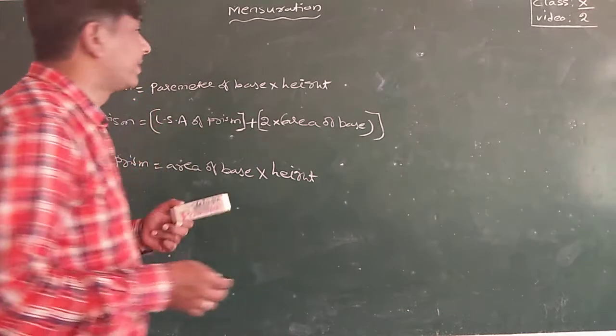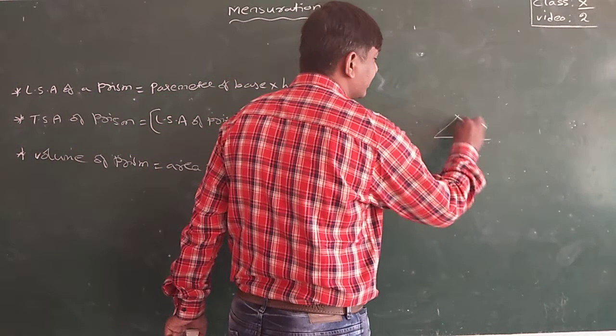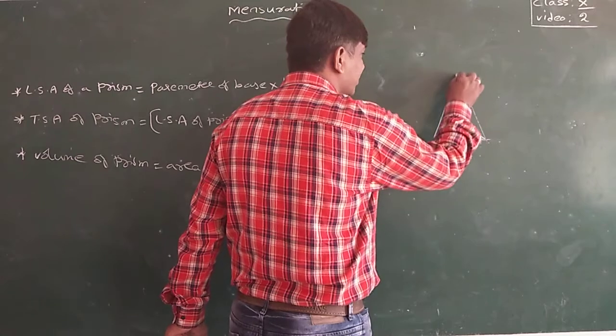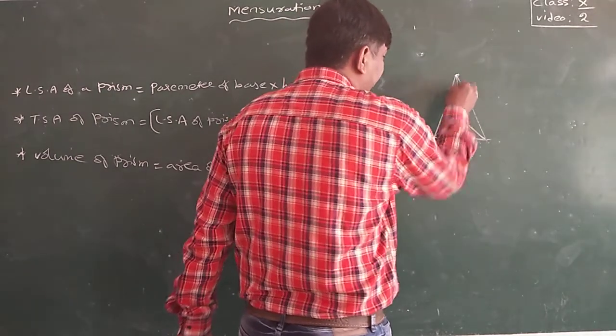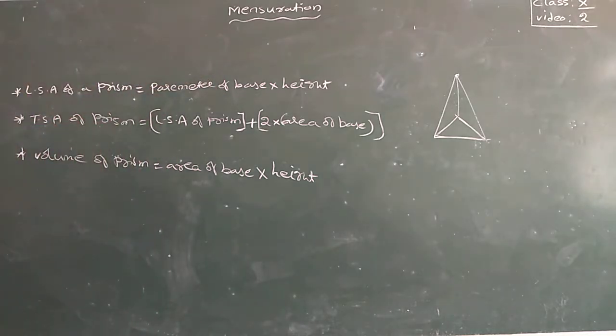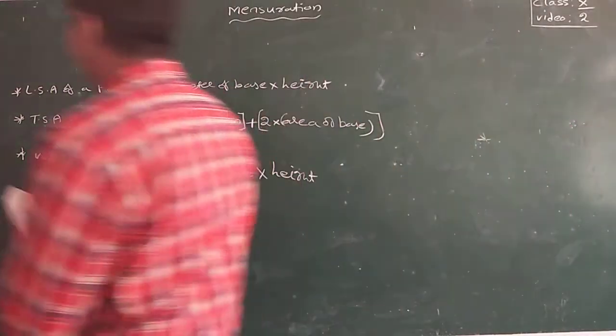Okay, this is prism. Pyramid. A pyramid is like this: there will be one base, and these all join to one vertex. So there is only one base here, and the other is a vertex. That is the pyramid. This is about a prism.